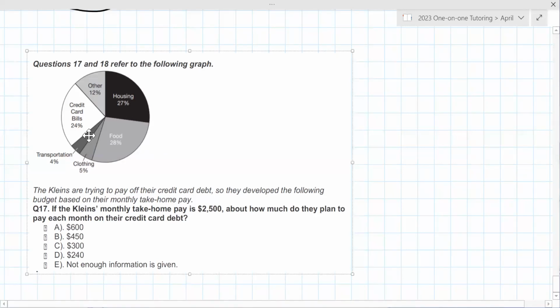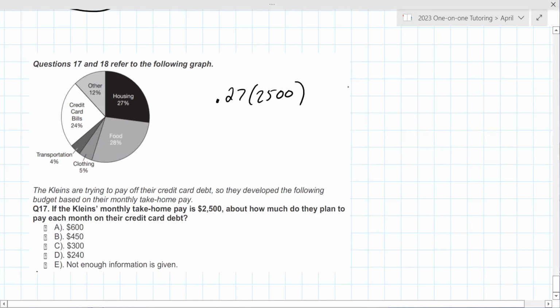If the client's monthly take-home pay is $2,500, for example, housing would be 0.27 times 2,500. That's how you use the pie chart here. They're saying if their take-home pay is 2,500, about how much do they plan to pay each month on their credit card debt? How much percentage is their credit card debt here? 24% of 2,500.